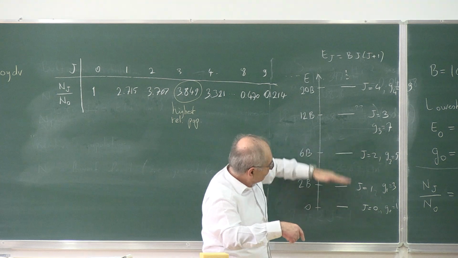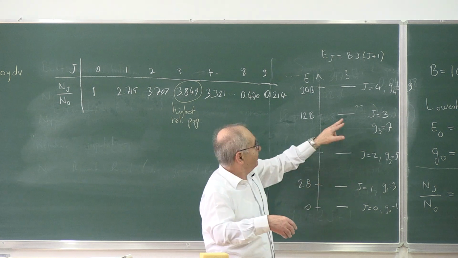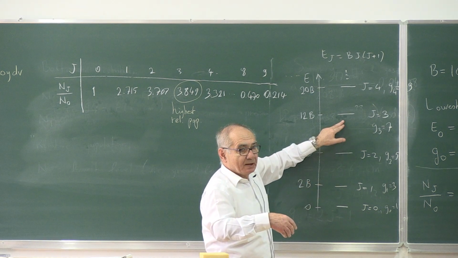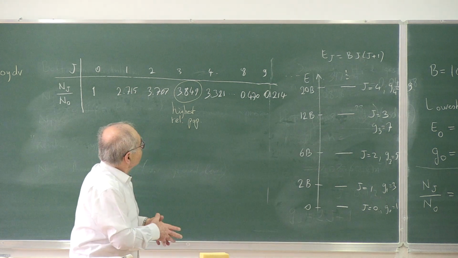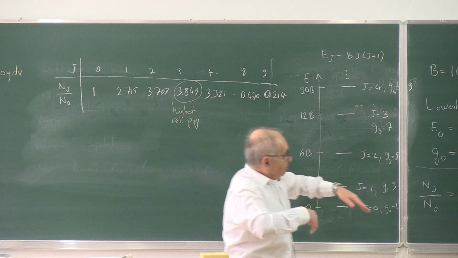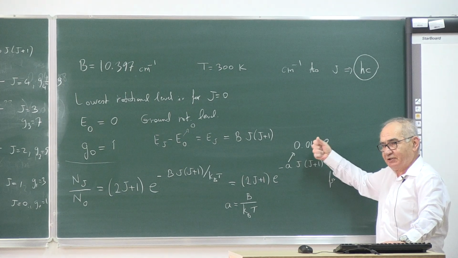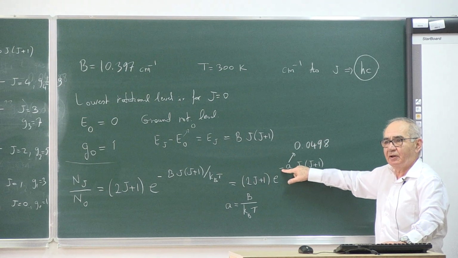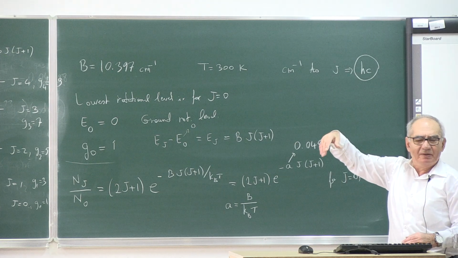Populations of all the other levels, either below or above, are smaller than the number of molecules in this level. Please remember that because of this exponential Boltzmann factor, as J becomes larger and larger, then A times this factor will be a large number, but there is a minus sign here. So all the higher energy populations will be very, very small.